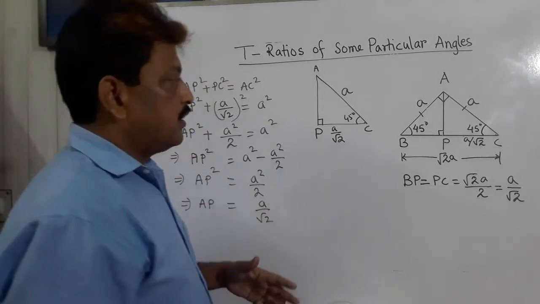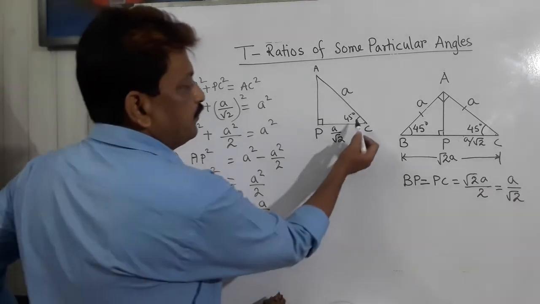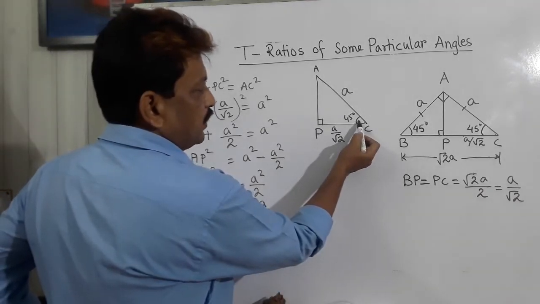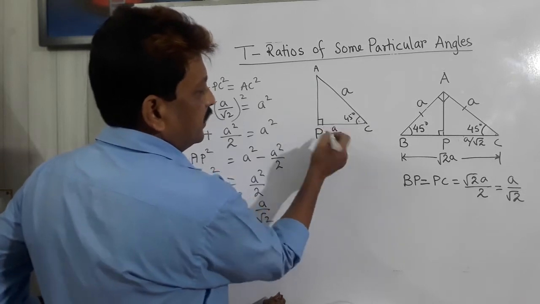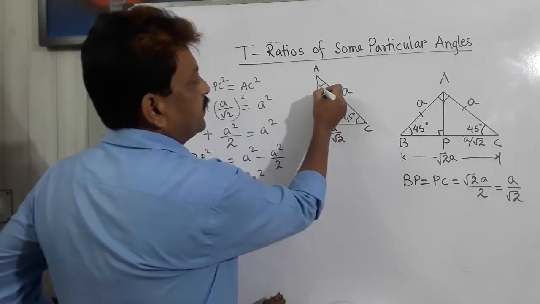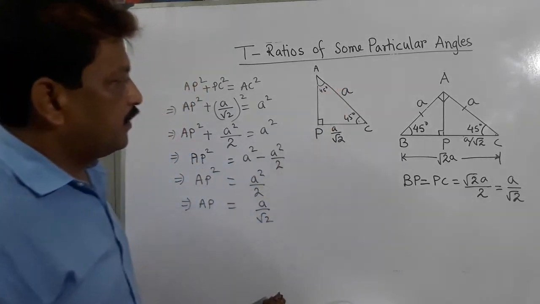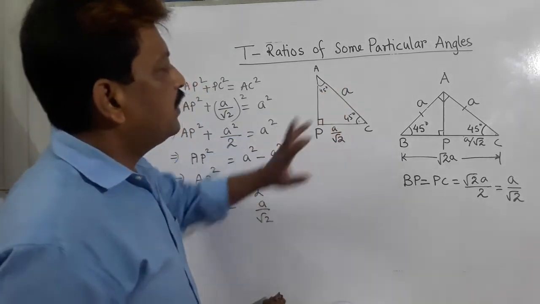Now just see one thing. If one of the angles of the right triangle is 45 degree, and this is already 90 degree, then this is also 45 degree. That is, these two angles are equal.